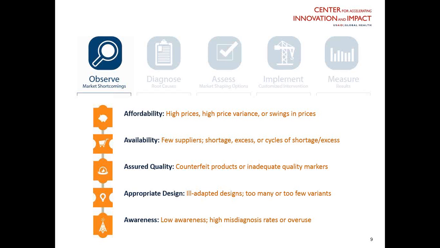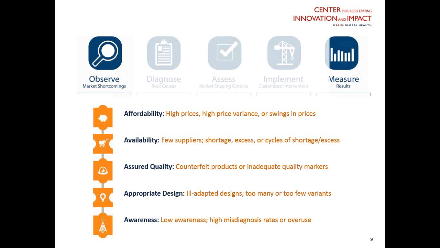So it's useful to think of these 5 A's, or these different aspects of market characteristics, but what we're really concerned with in this step is what can go wrong. And that's where we look at these potential market shortcomings. We've listed a few in orange here. They're not the full range, but they give you a sense of what could be a problem along each of these types of characteristics. So some of them are fairly clear.